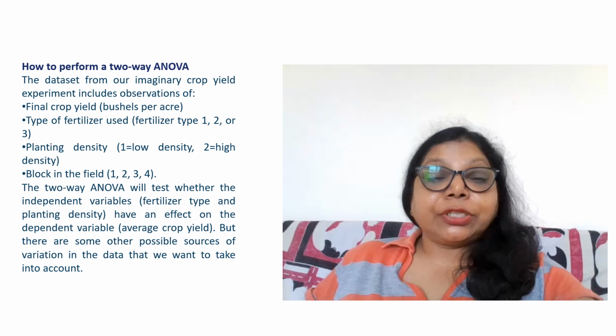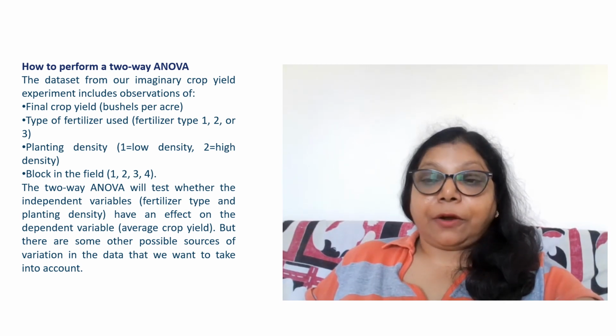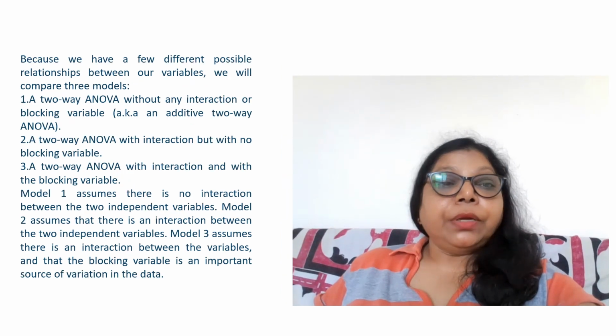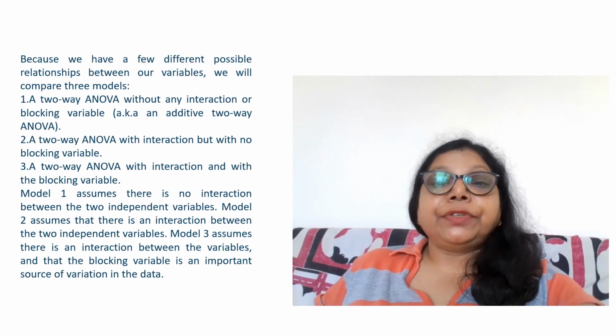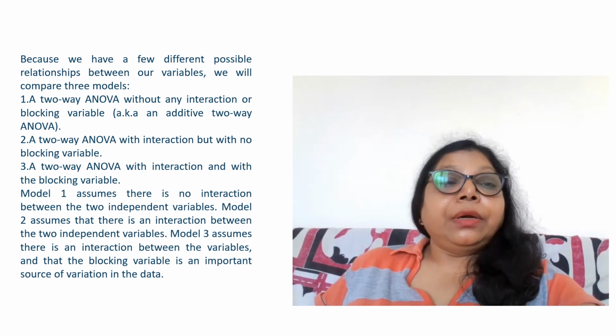But there are some other possible sources of variation in the data that we should take into account. So we applied our experimental treatment in blocks. So we want to know if planting block makes a difference to average crop yield. We also want to check if there is an interaction effect between two independent variables.